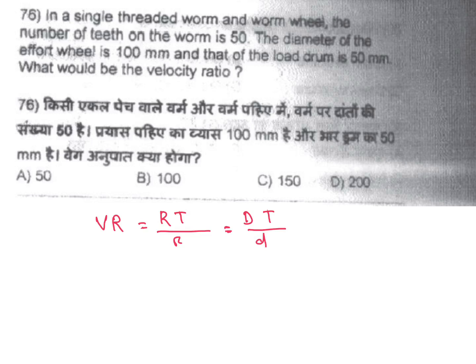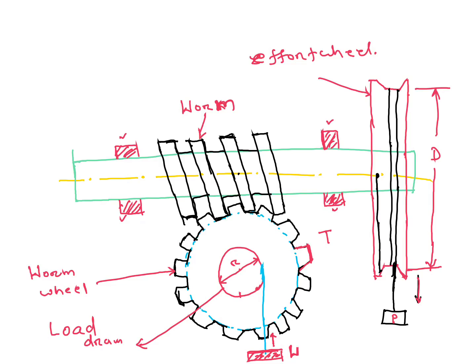Sometimes instead of effort wheel we use a handle here like this. One handle they will attach, at the end one handle of length L, handle length L, and they will apply the effort.